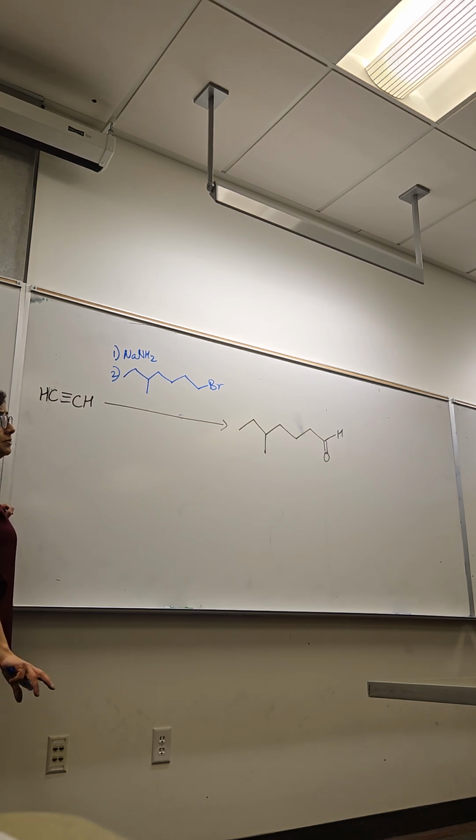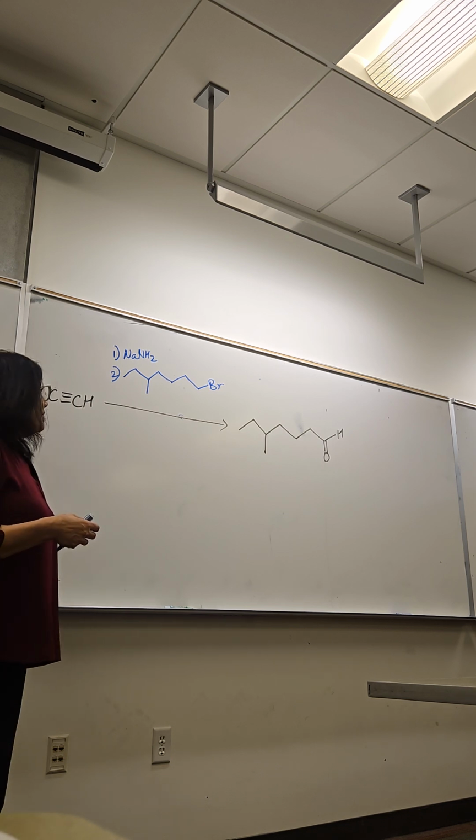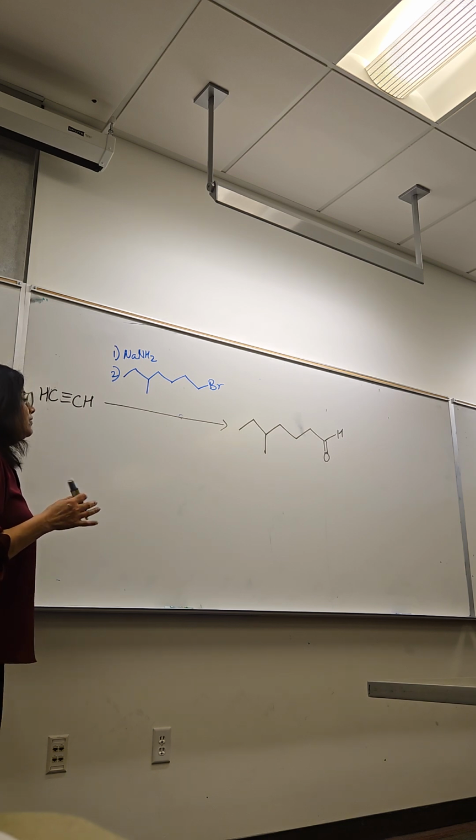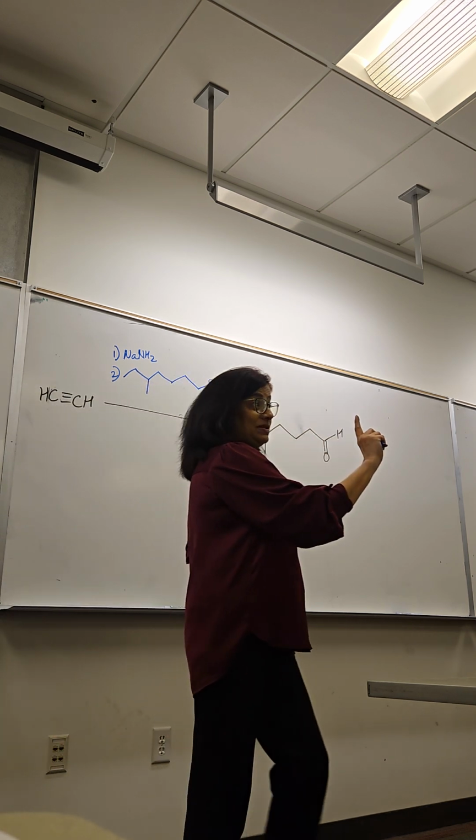Okay, in this case there is more than one way of doing it. Yes, then what? Ooh, would we need 7 carbons though? We already have, oh, I think they're thinking something else.